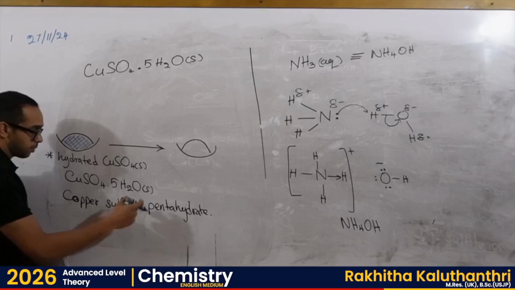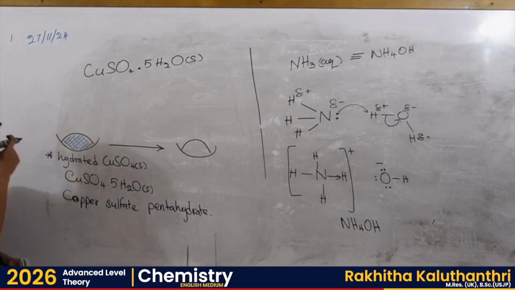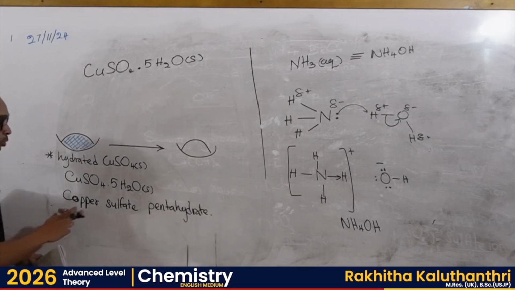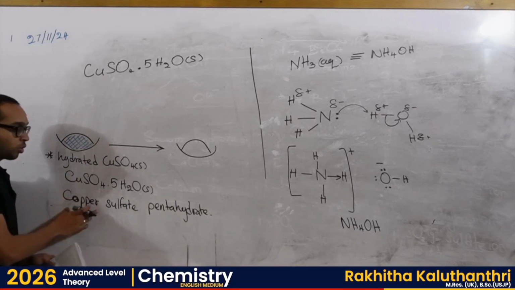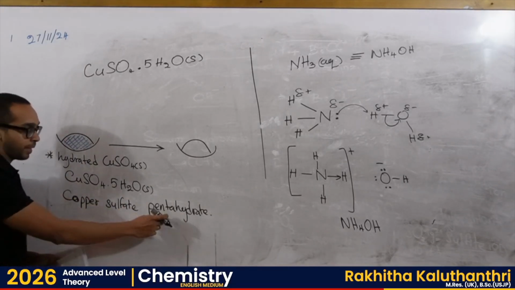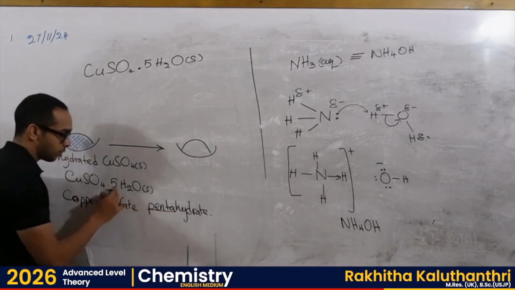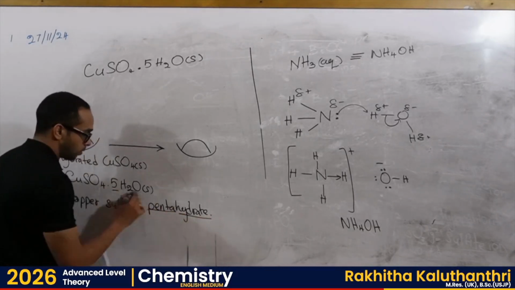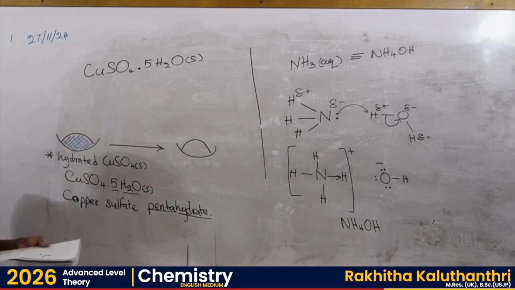Copper sulfate pentahydrate, or else we can just say copper 2 sulfate pentahydrate. Copper 2 indicates that this is +2 charged. Penta stands for 5, hydrate stands for water, right?